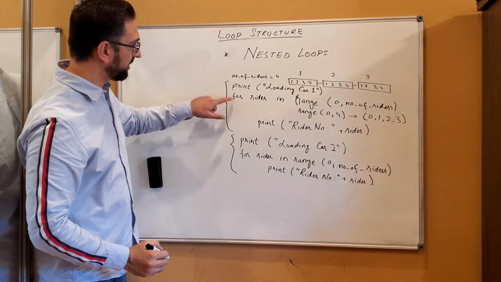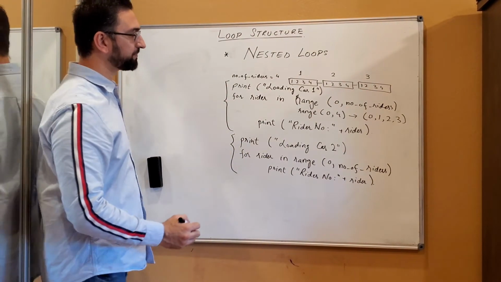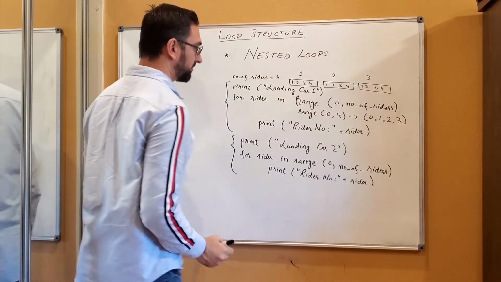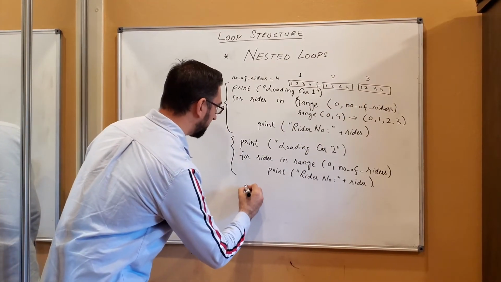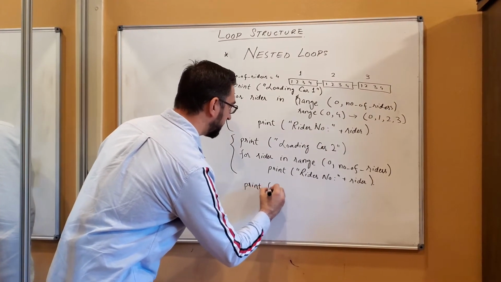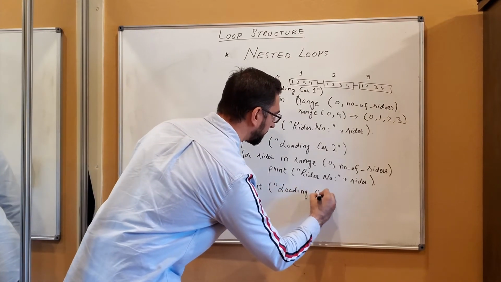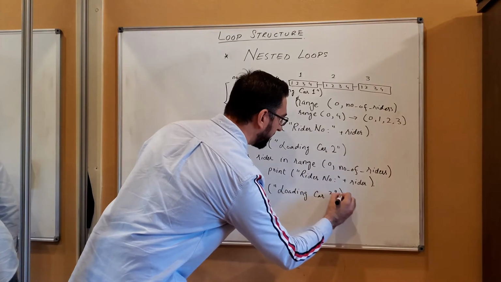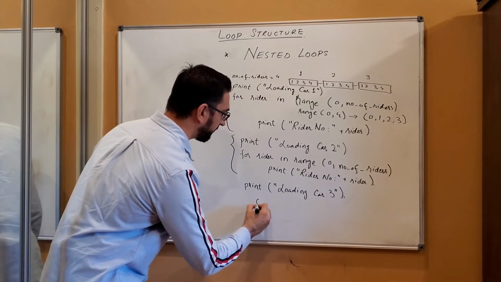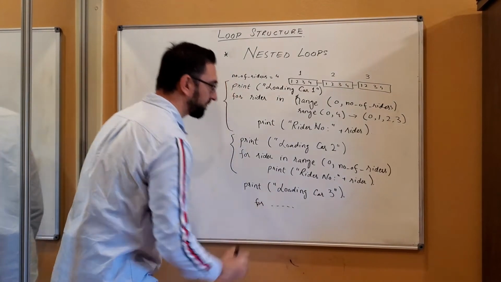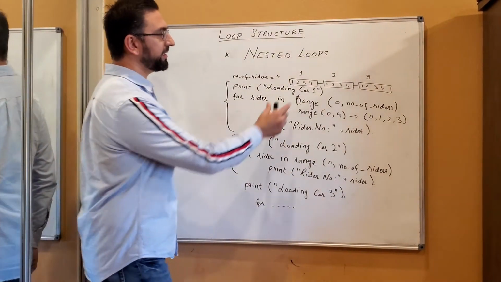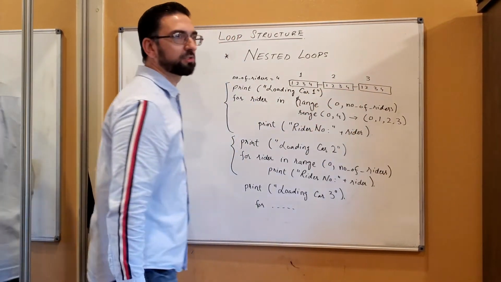If you see, the number of steps are the same. Now in order to load car number 3, we again do the same thing. We print loading car number 3, and we write our for loop here. In this case we only had 3 cars to fill.